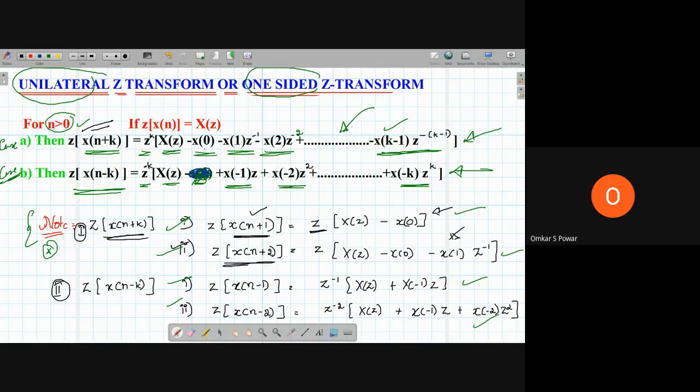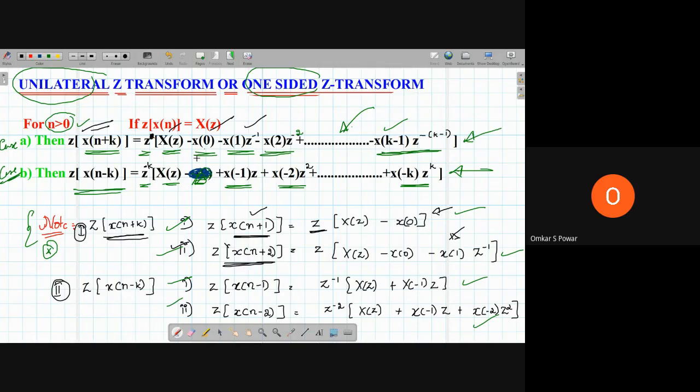For n plus 2, up till where it goes, it will come up to this term. So z transform of n plus 2 is equal to, I think this should be z. Okay, so there is a mistake there. So z into x of z minus x of 0 minus x of 1 into z to the power of minus 1. So always remember this formula in order to solve the problems.